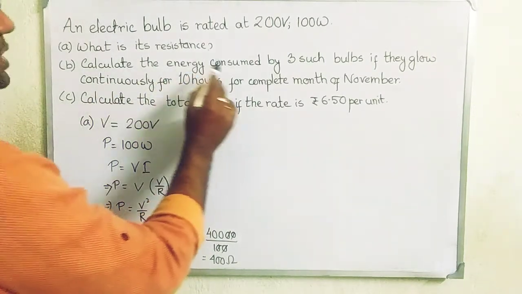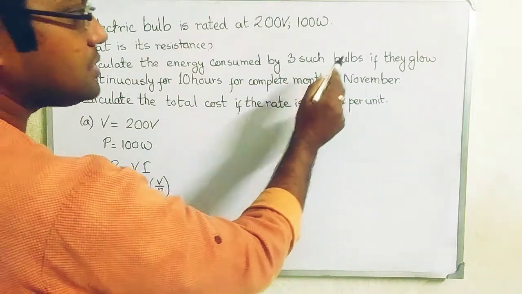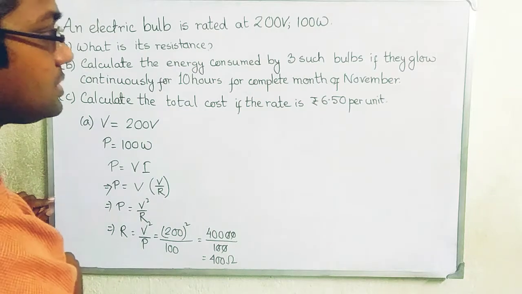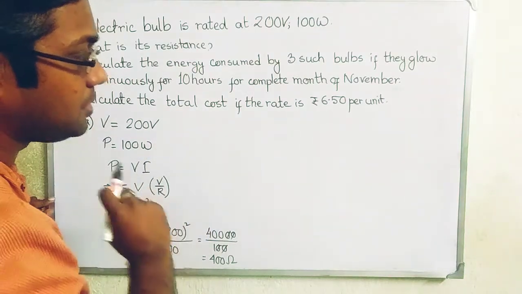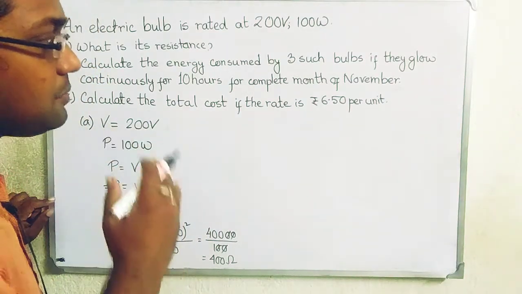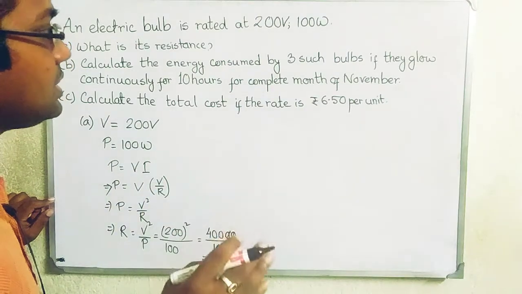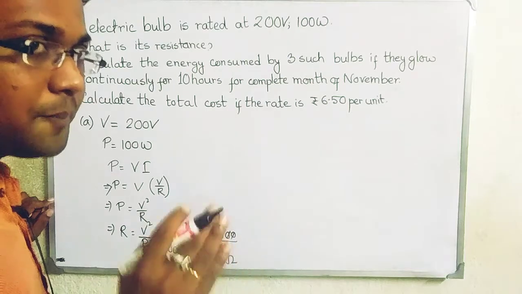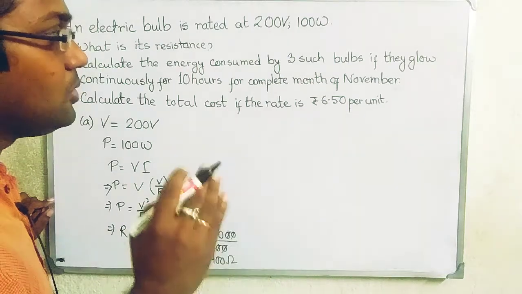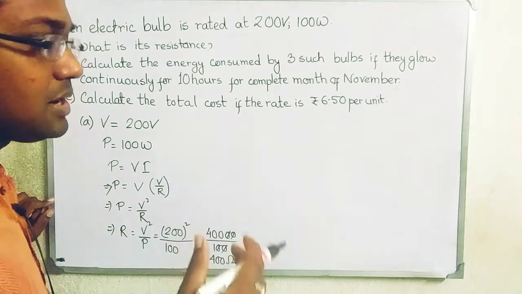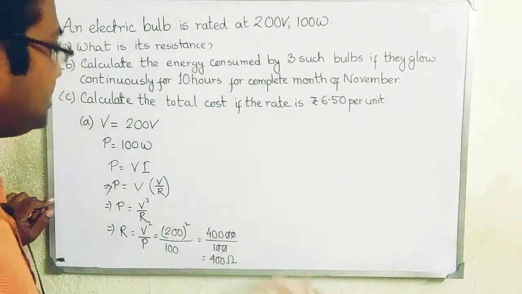Calculate the energy consumed by 3 such bulbs if they glow continuously for 10 hours for the complete month of November. So this type of bulb is connected in a household circuit, and when the household circuit is connected, at that time we have done the parallel connection such that the voltage across each bulb is 200 volt and it can glow with all of its energy.